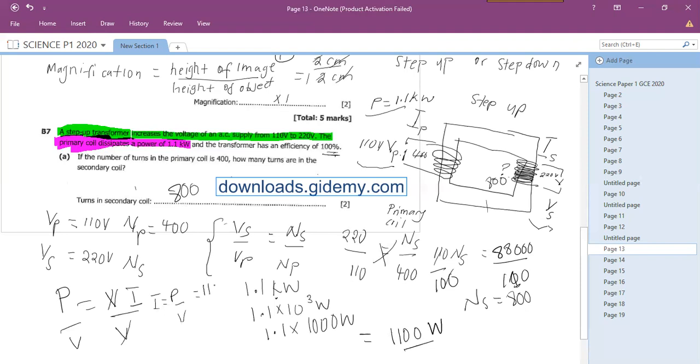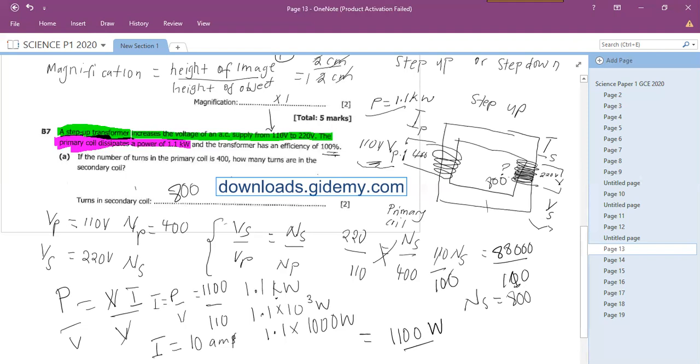So that's 1,100 watts over the voltage in the primary coil, which has been given there, 110 volts. So 1,100 divided by 110. The current that we're going to get in the primary coil will be 10 amps.